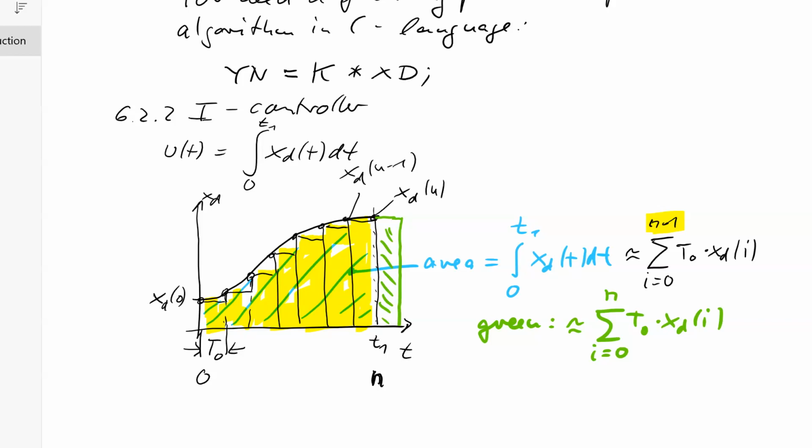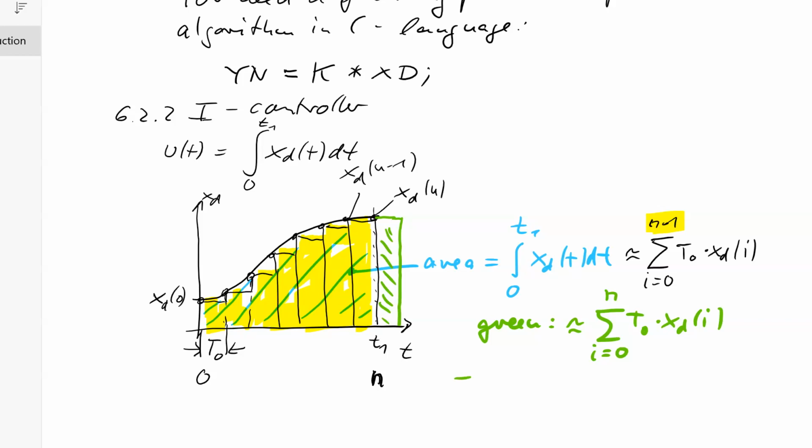So this is a little bit smaller than this, and this is a little larger. The blue version is the exact area under the curve. The yellow is a little bit smaller, the green is a little bit larger.